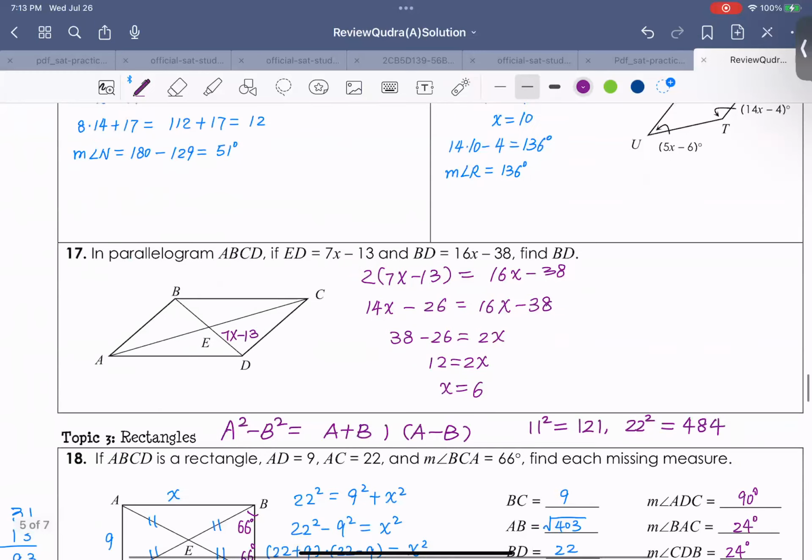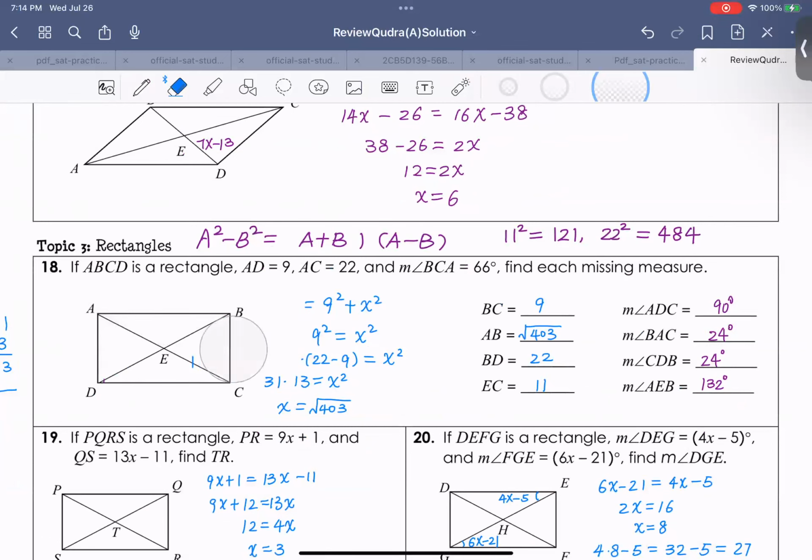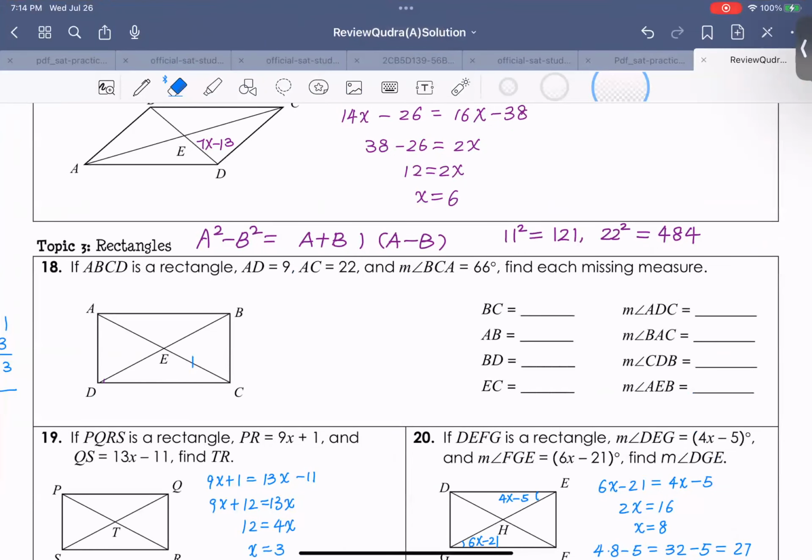Okay. Makes sense, right? Now we will do the rectangle. Let's do the rectangle properties here. Let's try this question over here. The BC, we don't know, but we will know that AD is 9 and AC is 12, so this part is 11, right?